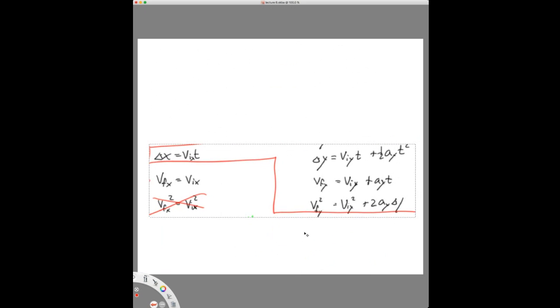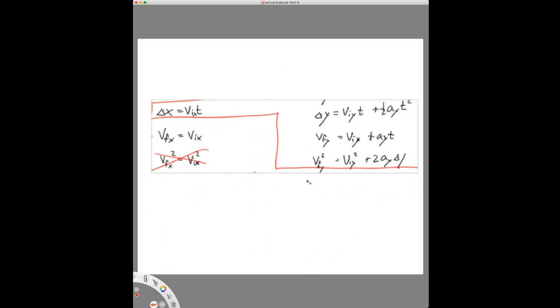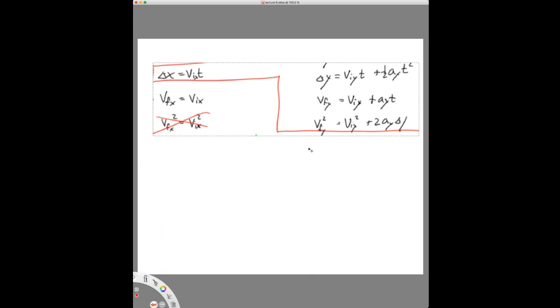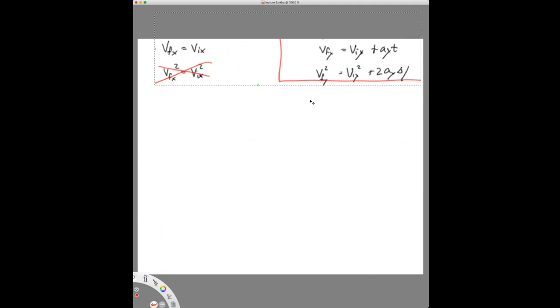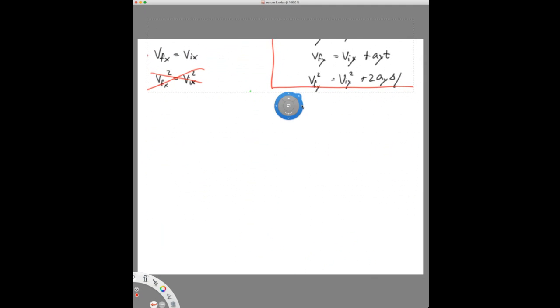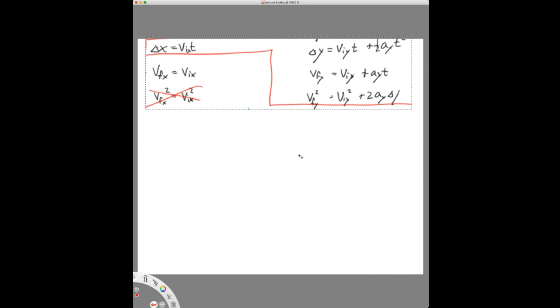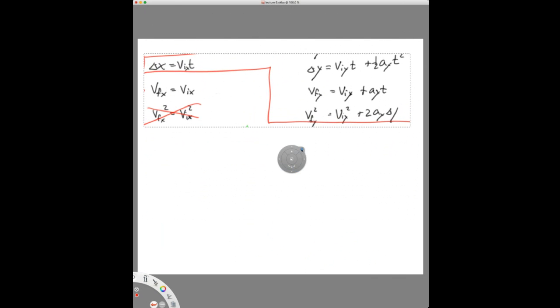Let's put them up at the top. And I'm just going to get rid of what we don't need here. Okay, so those are our equations, just so we can see them as we work.